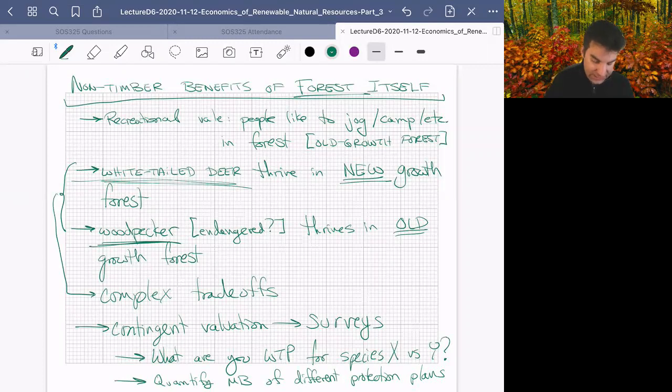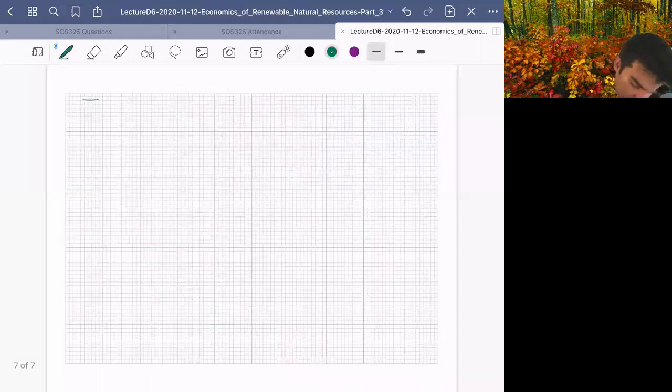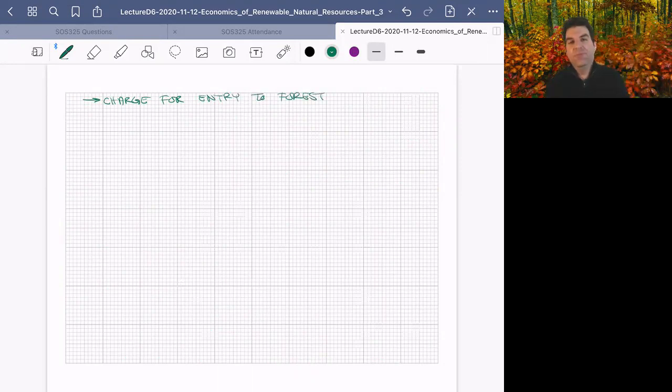So instead of just contingent valuation, you could actually charge people for entry to forest. In the book a couple of chapters ago, it talked about how some people value aspects of the environment that they will never actually experience, whereas others will actually value parts of the environment that they directly experience.